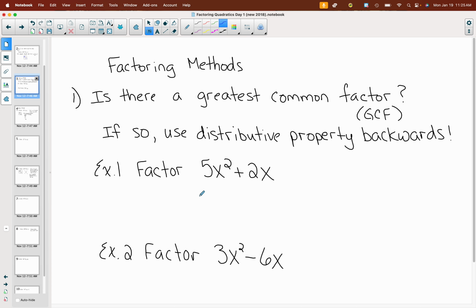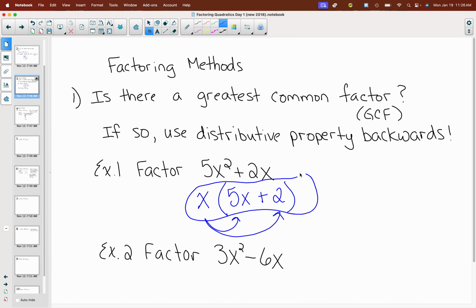So I'm going to take an x out, and then in parentheses, what do I have left? Well, I'll have a 5x here and a plus 2 here. Now notice if I were to multiply this, if I distributed the x, I would get 5x squared plus 2x, which is what I started with. So then with GCF factoring, this would be my answer.